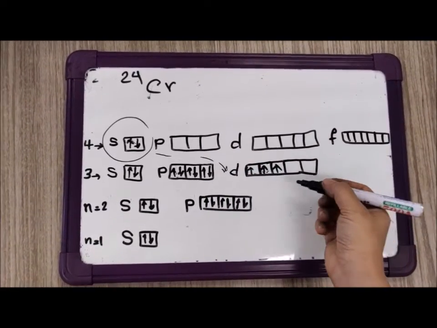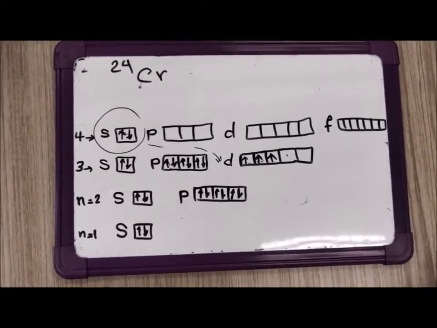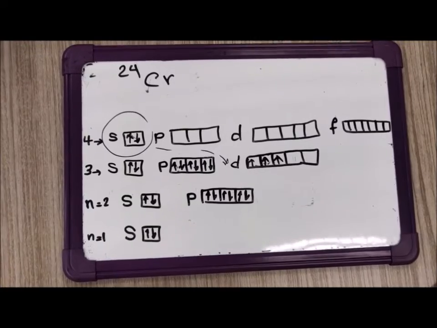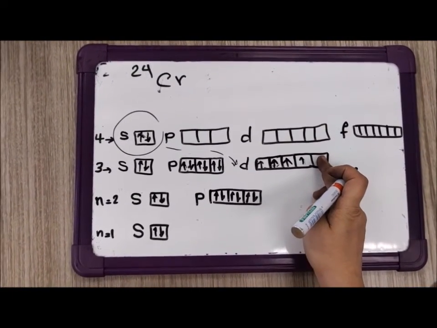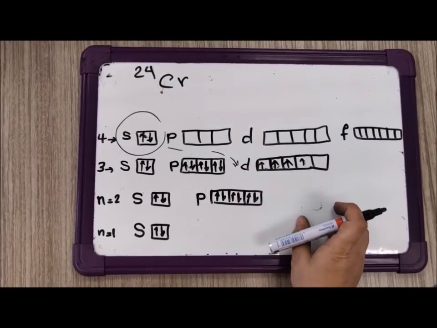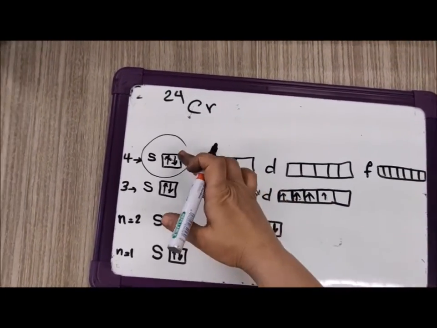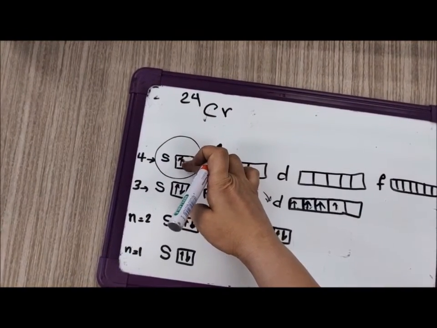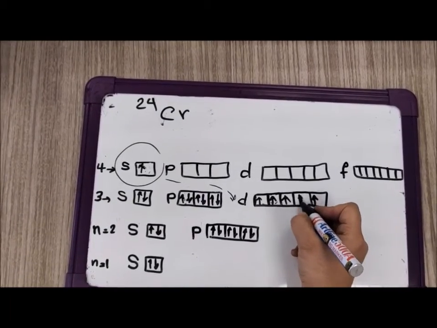If I put one more electron here, it means that it needs only one more electron to become stable. So the electron from here jumps into this by itself.